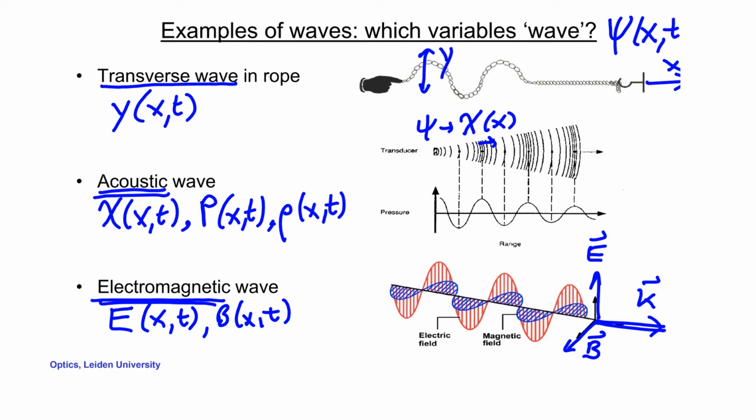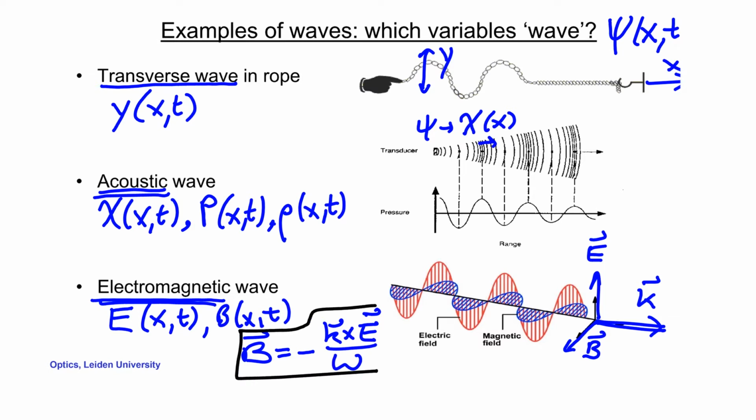And actually there is a relation that we will encounter later on, which is based on Maxwell equations, and that relates the magnetic field to the electric field and the wave vector in this form. But this you don't have to know for now. That's the course on electromagnetic fields in the spring semester.